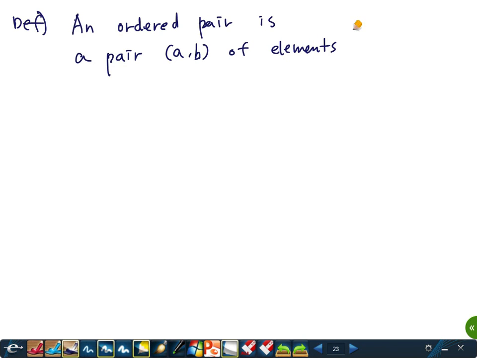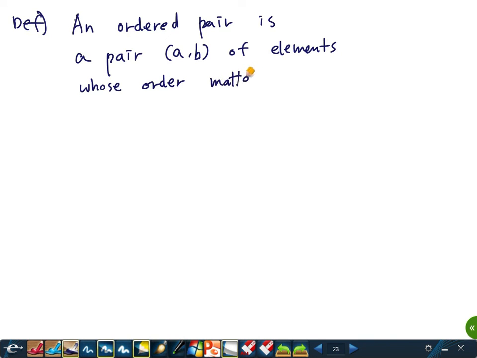An ordered pair is, I'm not sure if this is a good definition, a pair (A, B) of elements whose order matters.